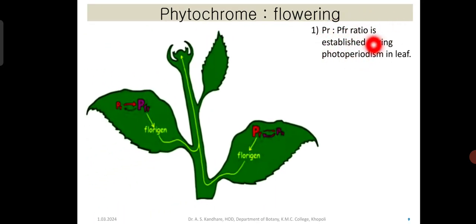तो photoperiodism के दौरान यही होता है, isn't it? During the specific cycles of day and night, PR to PFR ratio is established. Specific genes are triggered, isn't it?